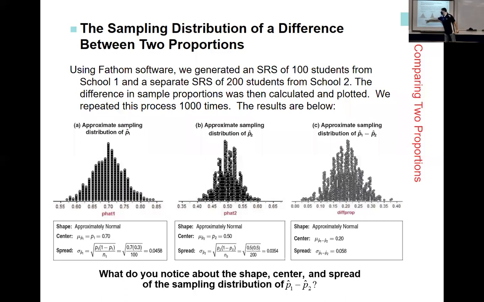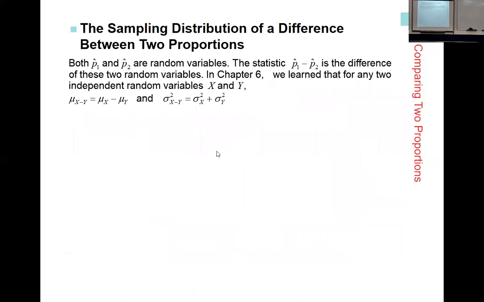Our mean of the first one is 0.7. Our mean of the second one is 0.5. And remember that what we're doing here is subtracting two different variables. We already learned how to get the mean and standard deviation when we're looking at a distribution of subtracting two variables.